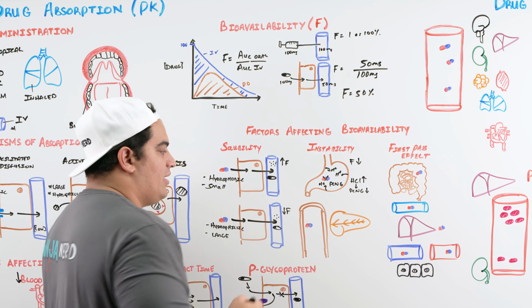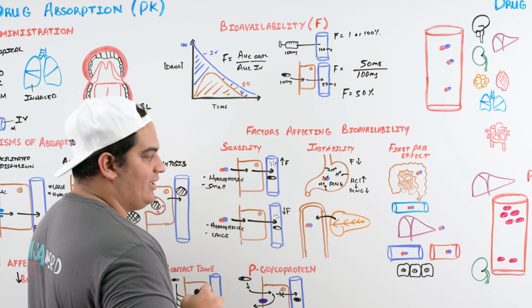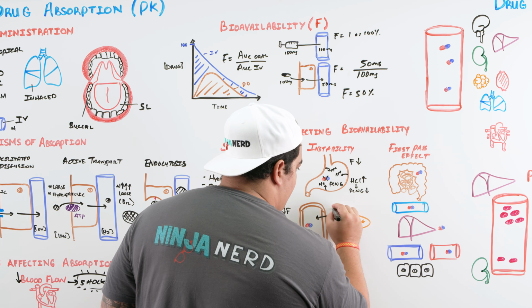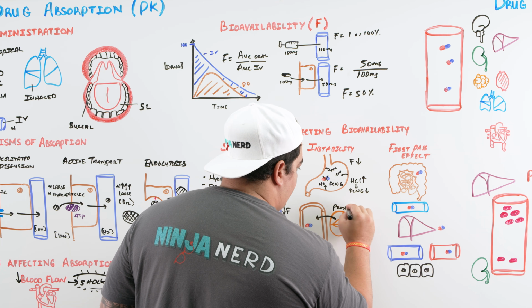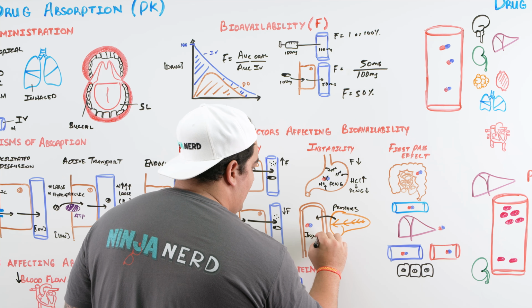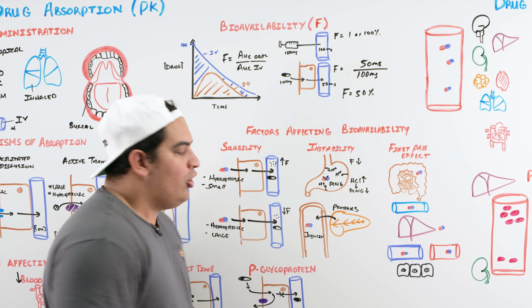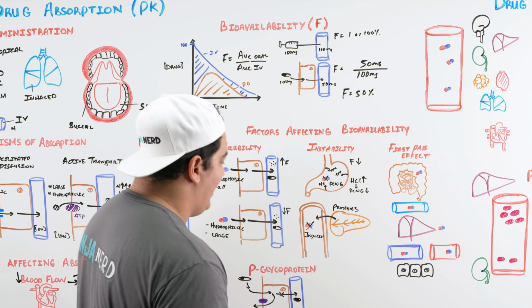The other concept here is that sometimes drugs can actually be affected by enzymes that are secreted into the GIT. You know, our pancreas makes special types of proteases. And there's a particular drug called insulin. Have you ever seen insulin given orally? No, there's a reason why, because guess what proteases do? Proteases will break down the insulin.